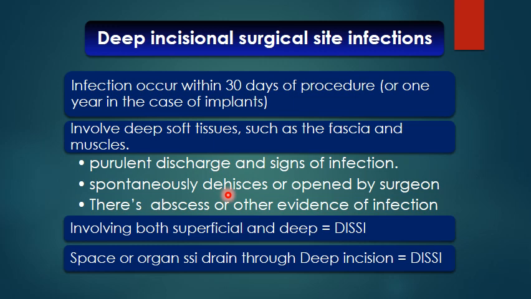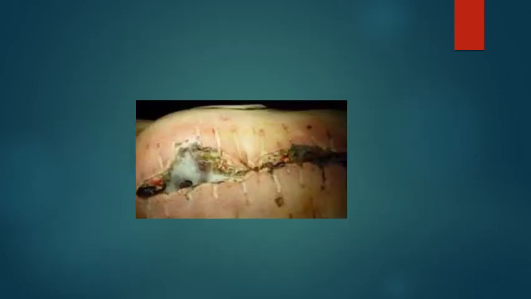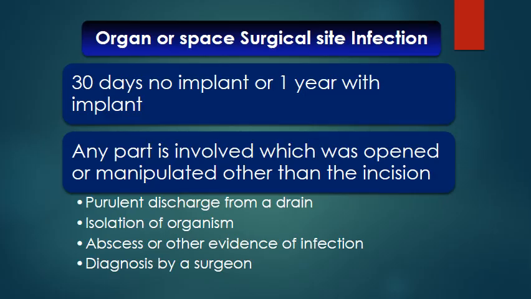There is abscess or evidence of the infection. It involves both superficial and deep tissue. It may affect space or organ, and that's called organ or space surgical site infection. So this is a picture of deep infection.